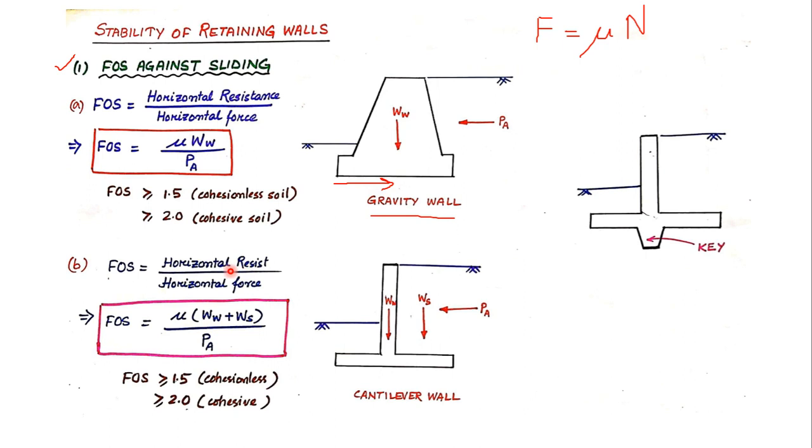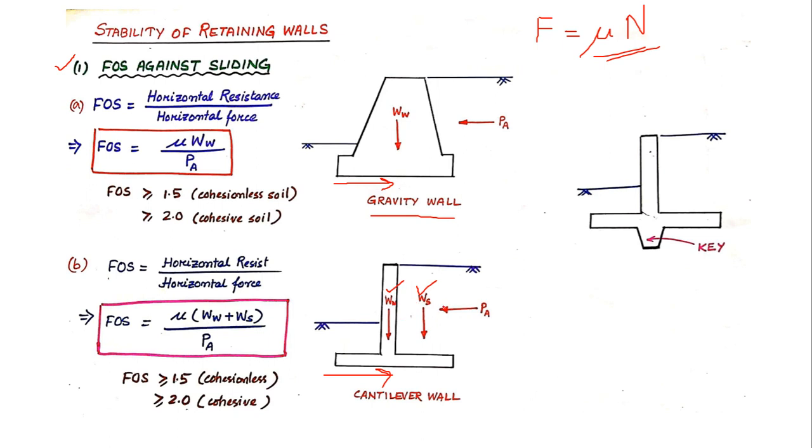Now comes the horizontal resistance, which will again be the frictional force acting at the bottom, right? So the frictional force is mu into the normal force. So what is the normal force now? I will be having two forces. One is the weight of the wall, which is WW, and the other is the weight of the soil, which is denoted by WS.